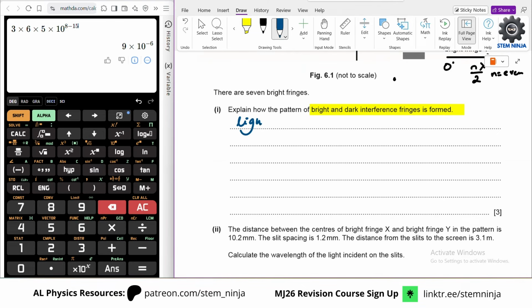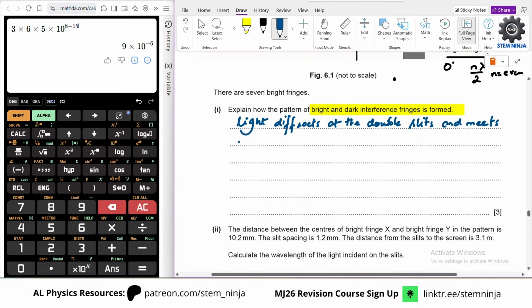So light diffracts at the double slit and meets at the screen.